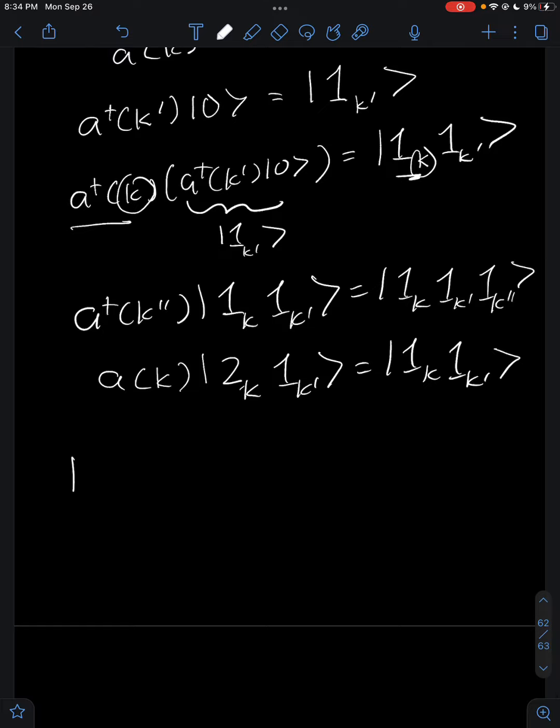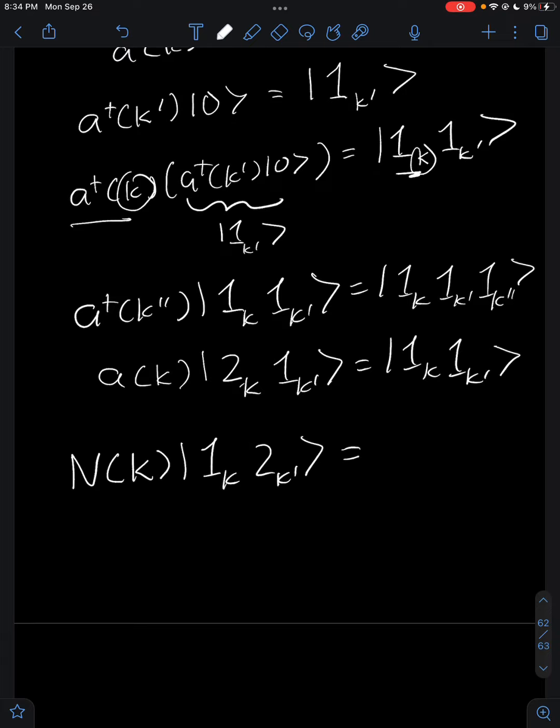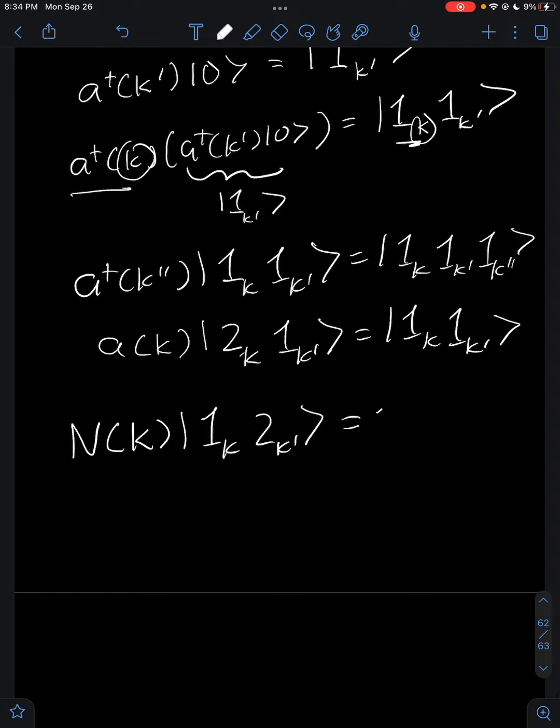So the number operator works in a similar way. The number operator of k acting on, say, this state is going to give us 1 times the state |1_k, 2_k'>, since there's 1 particle with momentum k.